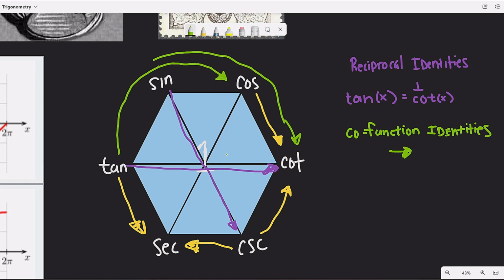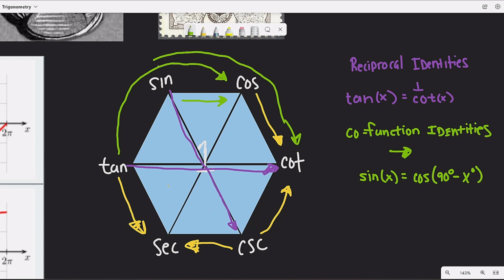Just like that. Cofunction identities are side arrows. So the cofunction for sine of x is equal to cosine of 90 degrees minus x degrees.